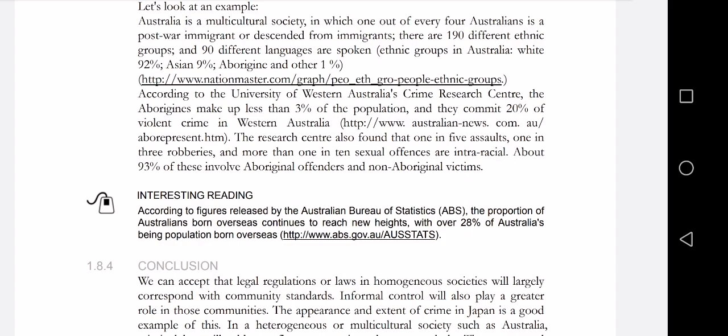As a website says, the research center also found that 1 of 5 assaults, 1 in 3 robberies, and more than 1 in 10 sexual offenses are interracial. About 93% of these involved Aboriginal offenders and non-Aboriginal victims. Interesting reading.